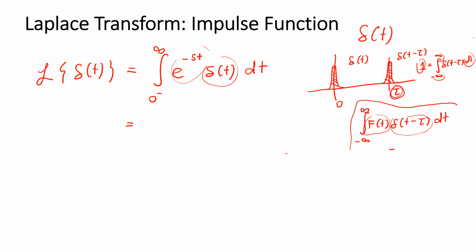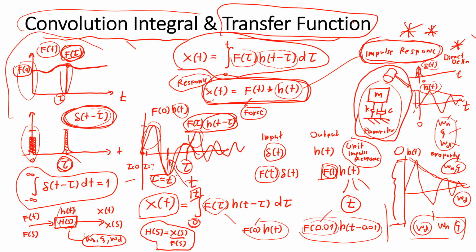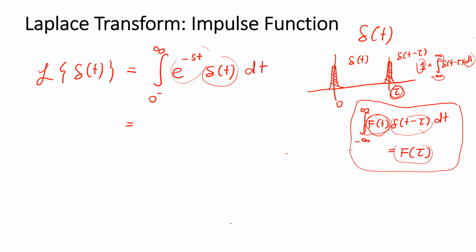So we can take the value of the function at that time shift, because the integral of delta dt equals 1, and the function multiplied by the direct delta is going to be 0 everywhere except at that time point. Maybe this can somehow explain it.